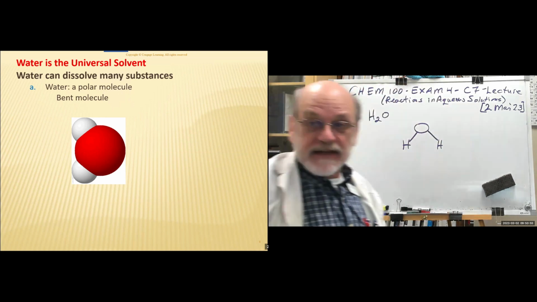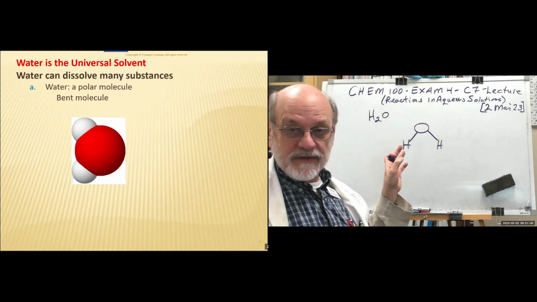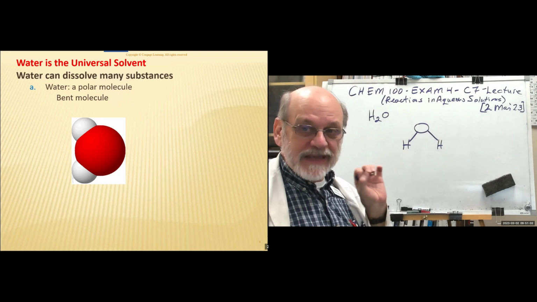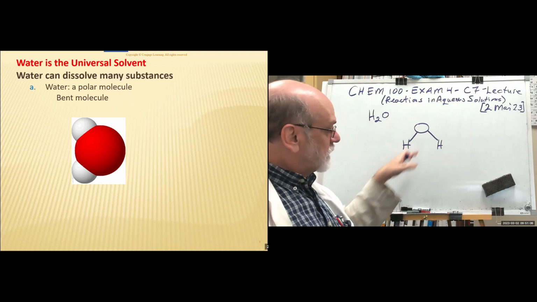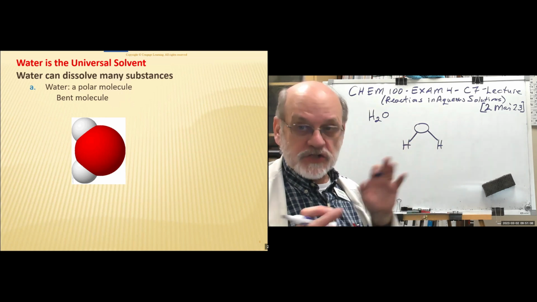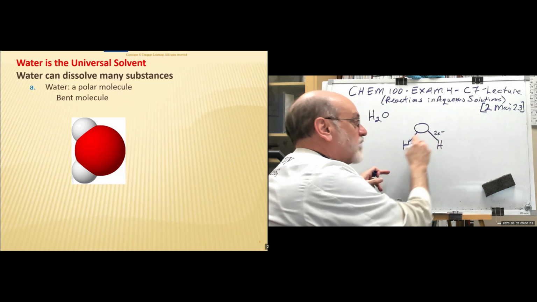Now, why does that make a difference? Well, when you get two atoms bonded together, they don't equally attract electrons to one another. Now, these bonds are covalent, that is, they're sharing electrons. So there are two electrons in that bond.